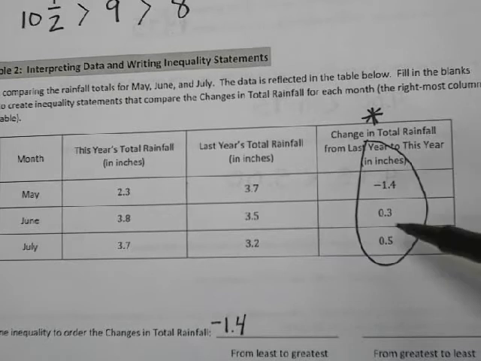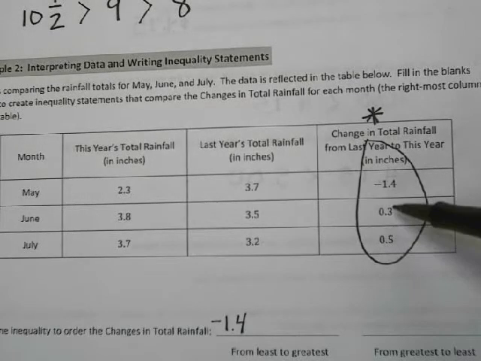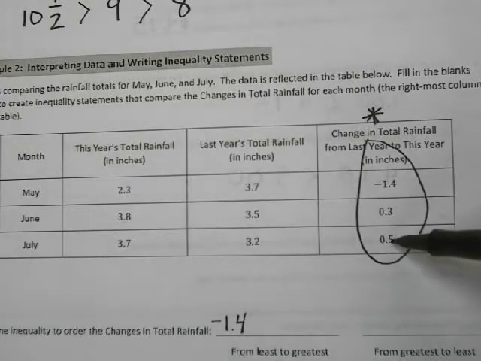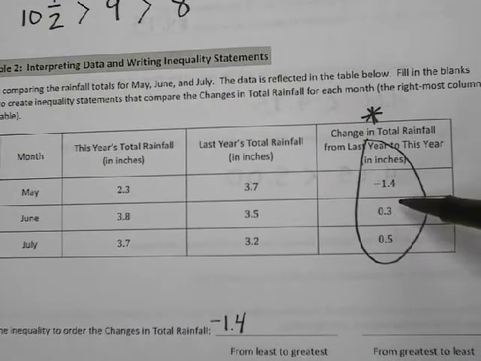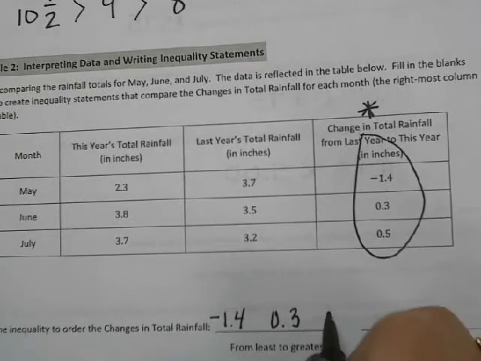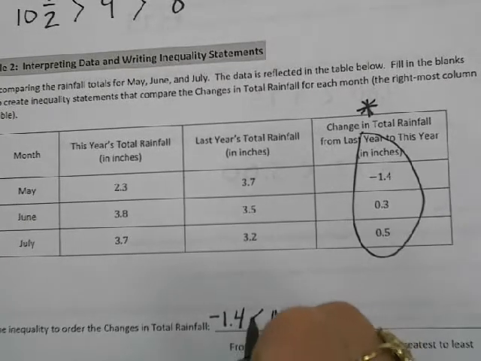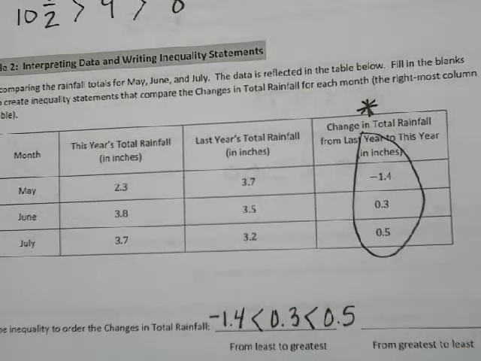I'm going to leave space. If I look at 3 tenths and 5 tenths, in my ones, so when you're always lining up decimals when you're comparing them, in my ones I have a 0, but in my tenths there's a 3 and a 5. I know a 5 is a larger number than a 3. So if I'm going least to greatest, 3 tenths and then 5 tenths. And least to greatest, I know my signs are less than signs.